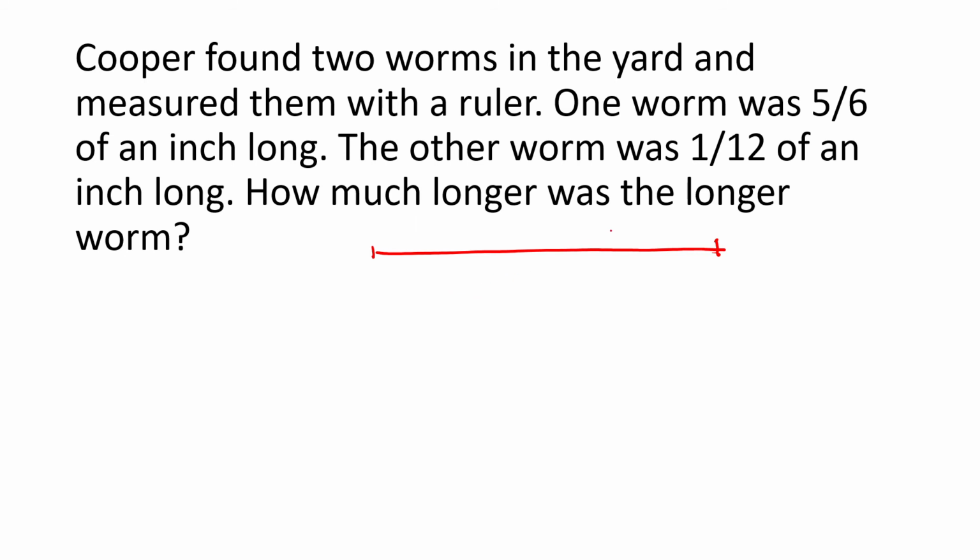Now 5/6 of that inch is how long the first worm is. So this is the first worm, 5/6. And then the second worm is only 1/12, so it's only this small.